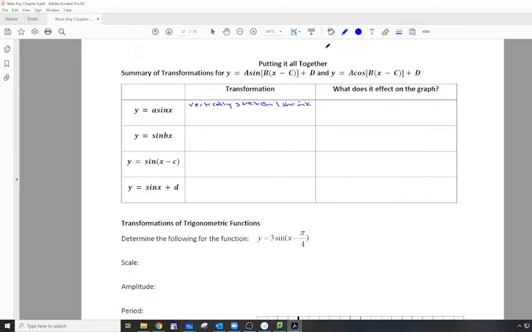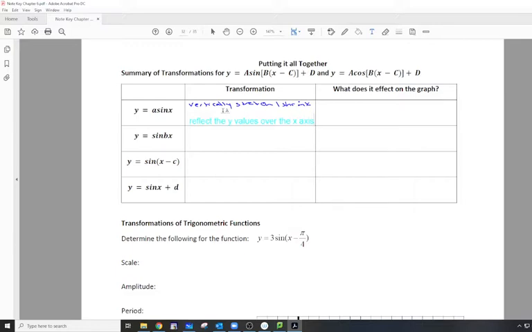And it can also reflect the Y values over the X axis. So those are the two things that the A transformation can do.